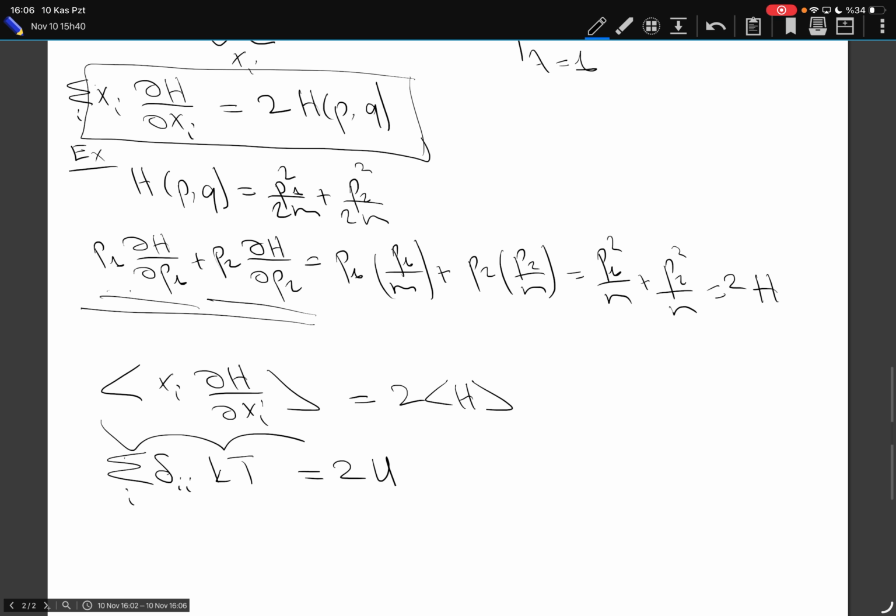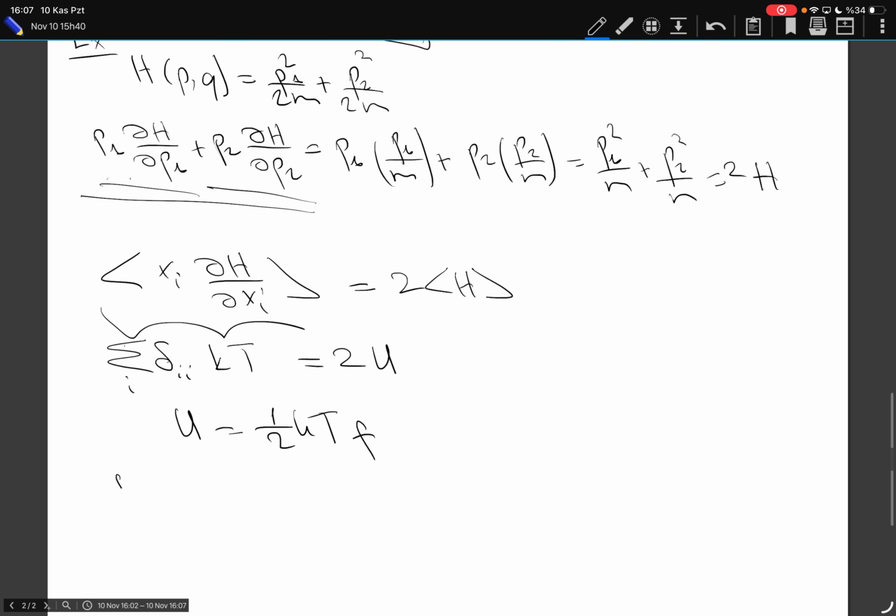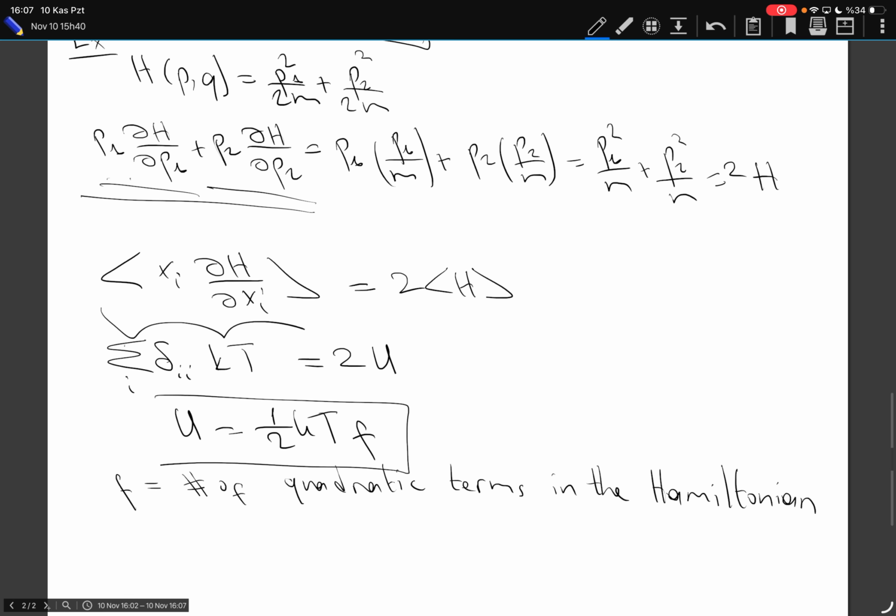So U is basically 1 over 2 kT times, let me call it f, where f is the number of quadratic terms in the Hamiltonian. This is the so-called equipartition theorem.